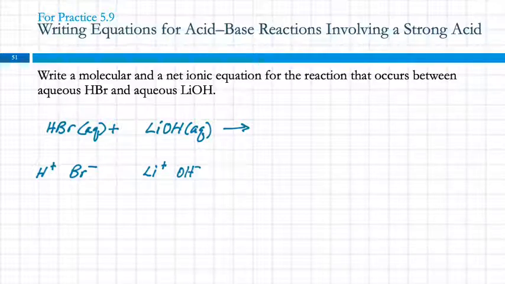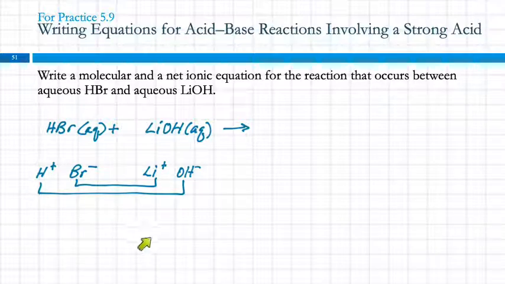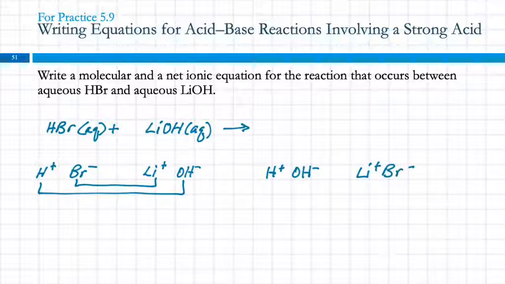So to predict the products, we're going to swap partners and see what happens. So we'll put the H plus with the OH minus. And we'll put the lithium with the bromide.